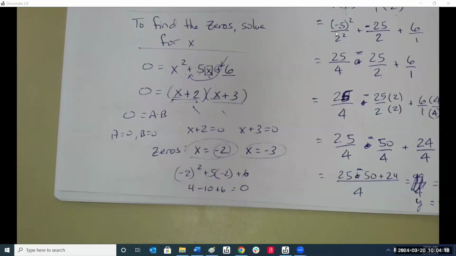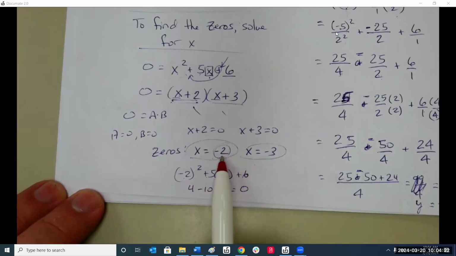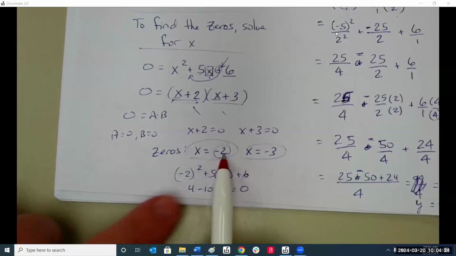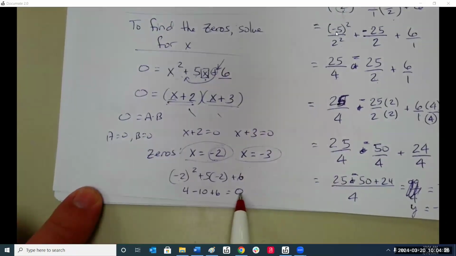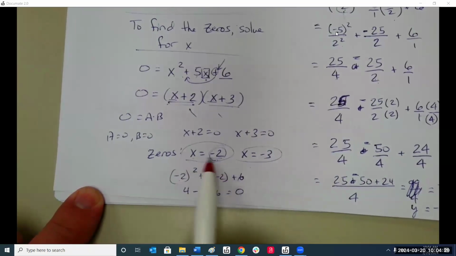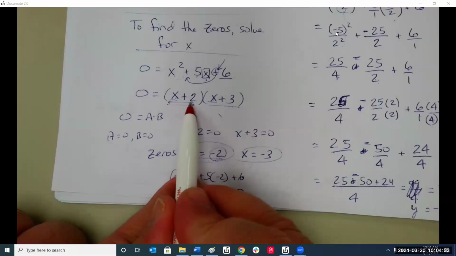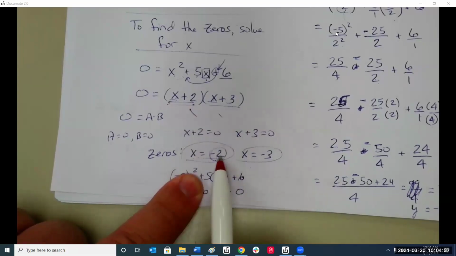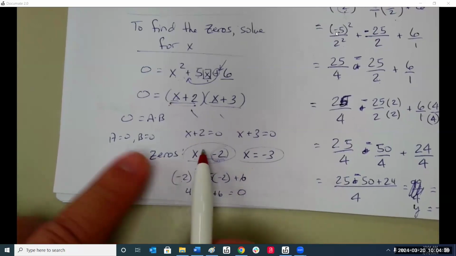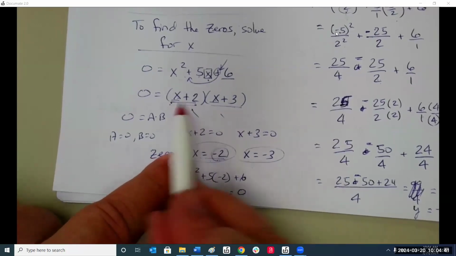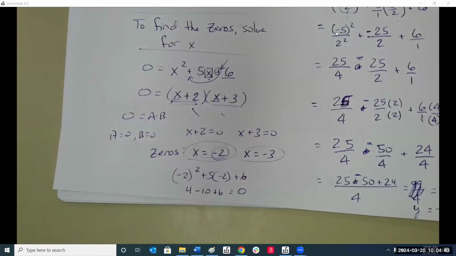See the connection here. This is important for later on in this chapter. We know that x equals negative 2 is a 0 because if I plug it in the equation, I get a 0. But this also tells us that x plus 2 is a factor. If I go backwards, then these are my factors of this equation.